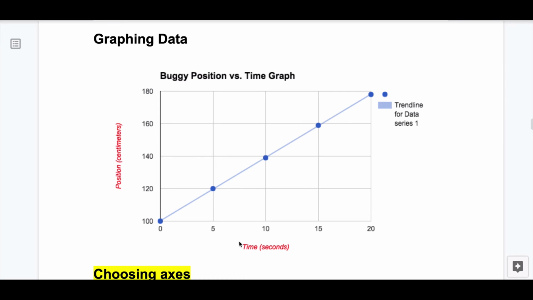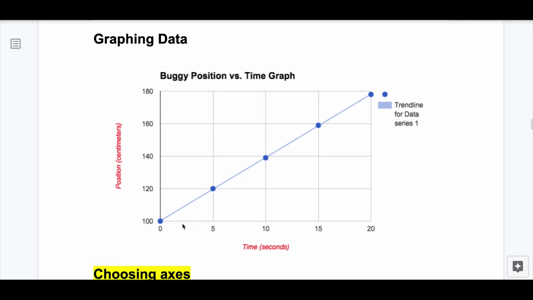So here we had a buggy at 0 seconds that was at 100 meters. After 5 seconds, it was at 120 meters. So I can use any two of these spots to calculate its speed. And in fact, the slope here is the change in y, so 120 minus 100, which is the change in position or distance, 20 meters, over the change in my x value, which is 5 seconds, or the change in time.